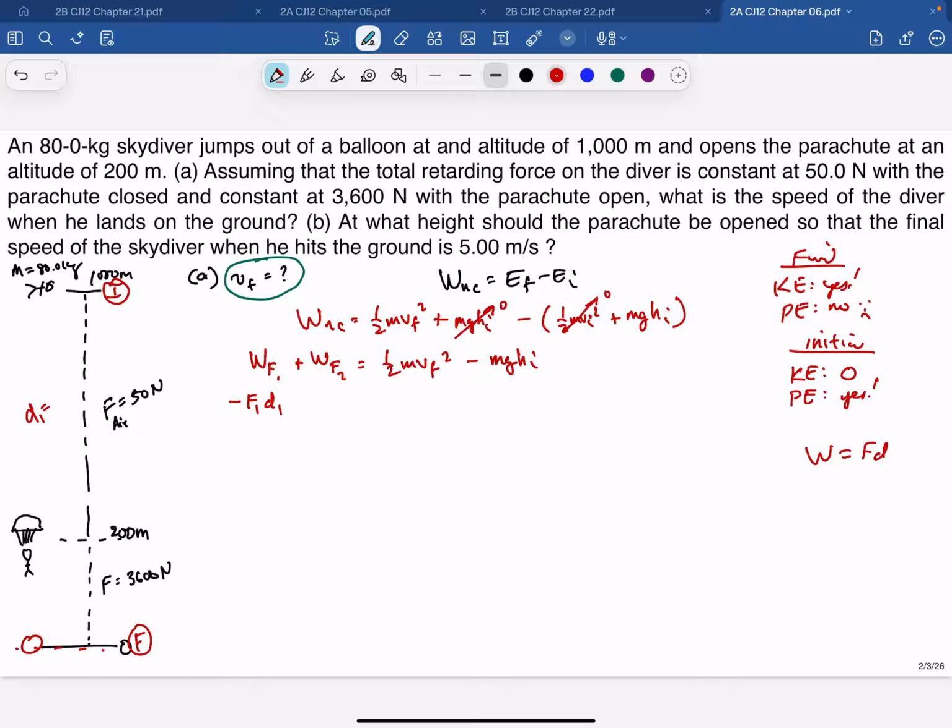What is it? 800. It's 800 meters, isn't it? Okay. And what's D2? 200 meters, right? We broke up the 1,000 meters into 200 and 800. Okay, so plus, we're adding these works together. They just happen to be negative things. Minus F2 D2 equals all of this stuff on this side that didn't change.